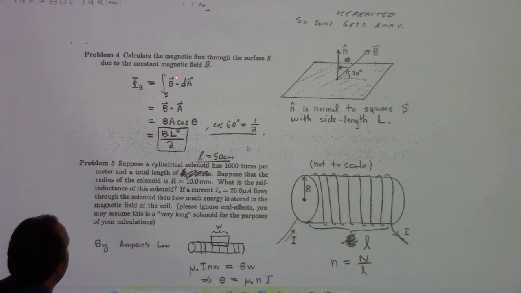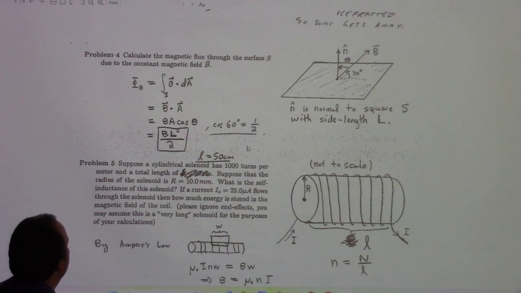So we're given that the angle's 30 degrees and the magnetic field looks like that. I think this problem was given in the problem.